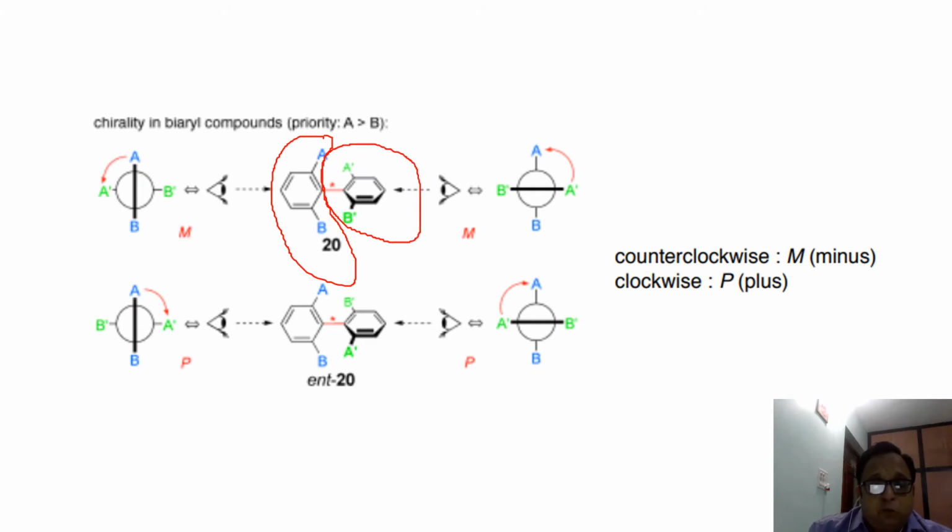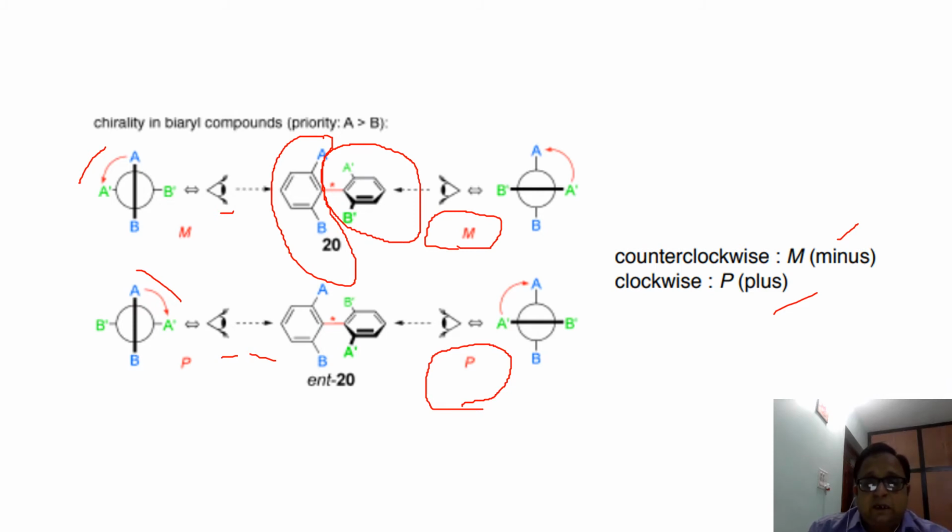The movement from A to A prime is counterclockwise, so the assignment is M. And in this case, the movement from A to A prime is clockwise, so it is assigned the configuration P. Please recall, here M stands for minus and P stands for plus. This is the position of the viewer. So from this example, it is very clear that we can assign the configuration for atropisomers.